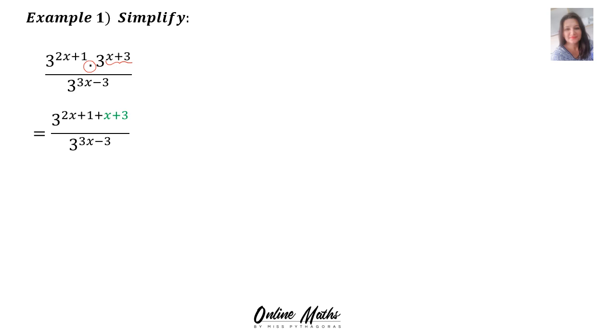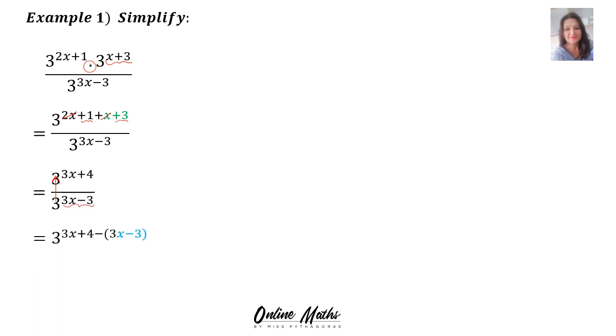So let's clear up what's going on at the numerator. We can say 2x plus x is 3x and 1 plus 3 is 4. So now we end with that. What can you see? It's division. This 3 will go and stand on top of that one, and then we're going to subtract the 3x minus 3.